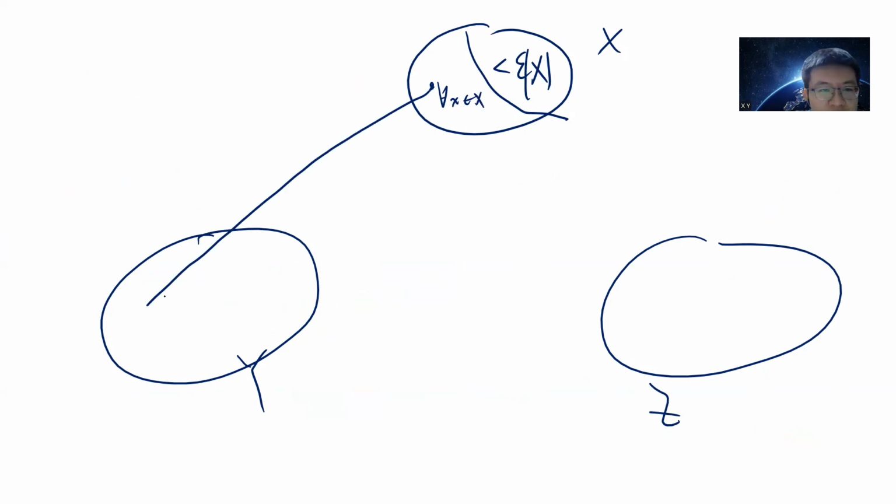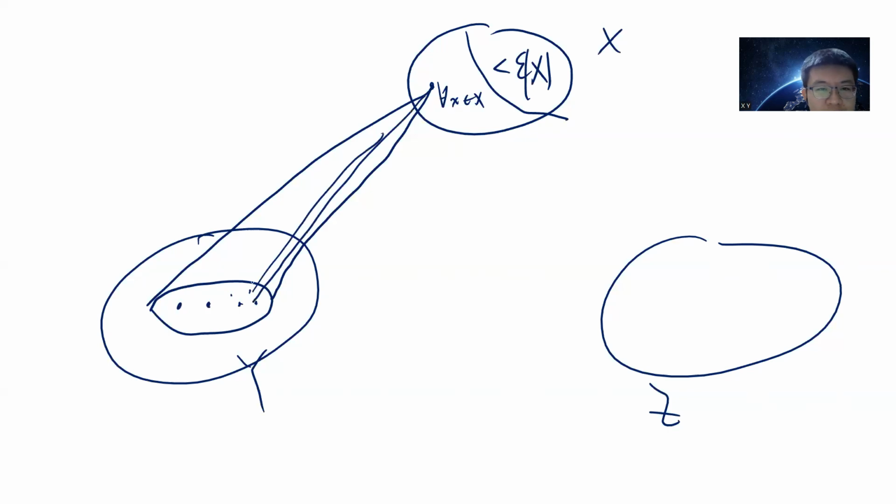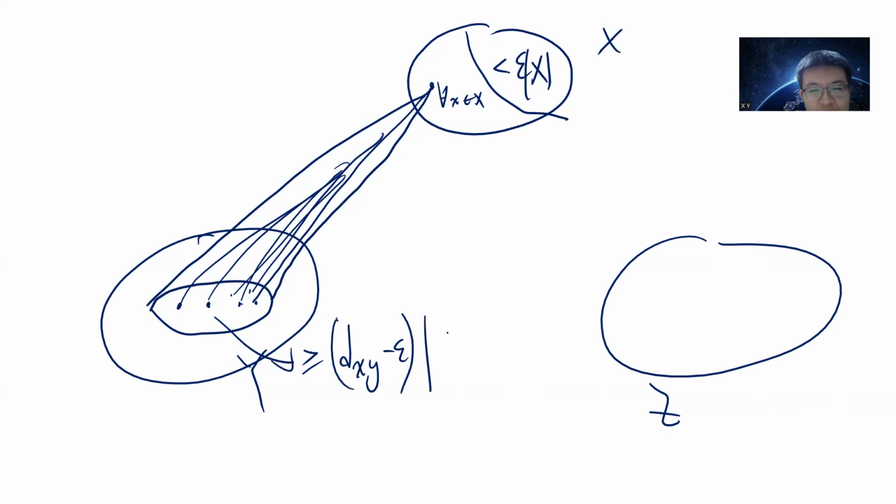There will be lots of nodes connected to x, and the number of these nodes is at least d_xy minus epsilon times |Y|.